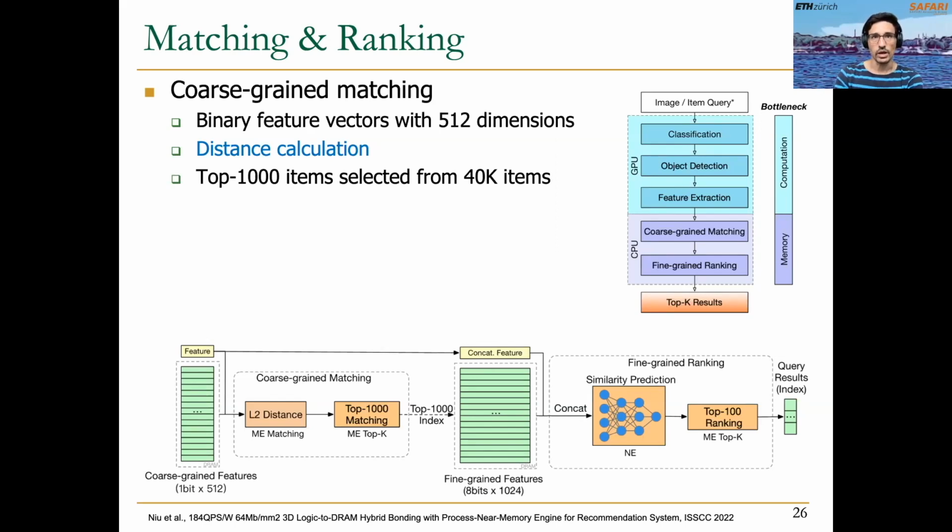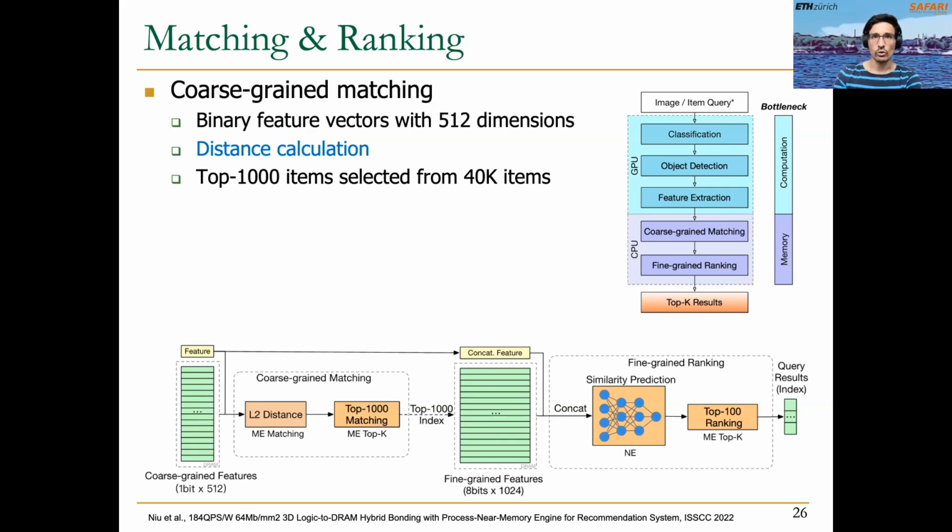And based on this, we can already select, in the order of magnitude of 1,000, representative items that are the candidate recommendations.